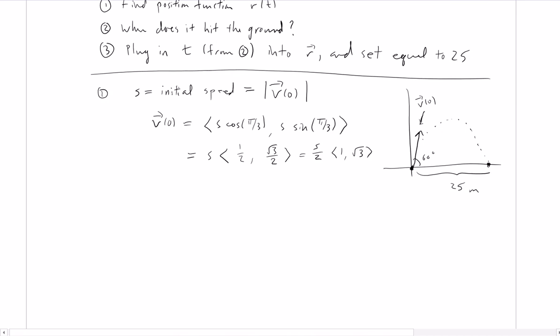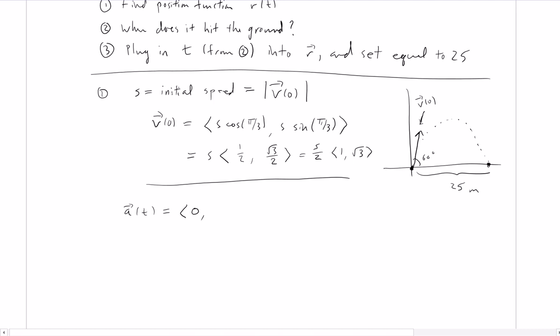Now we're still on part 1 here. We want to find the position function. So the starting point is to use the acceleration. As you maybe learned in a physics class at some point, the acceleration due to gravity is constant. So even though we're writing this as a function of t, it should not actually depend on t. It's always the same. And it points down, so there's no x component.